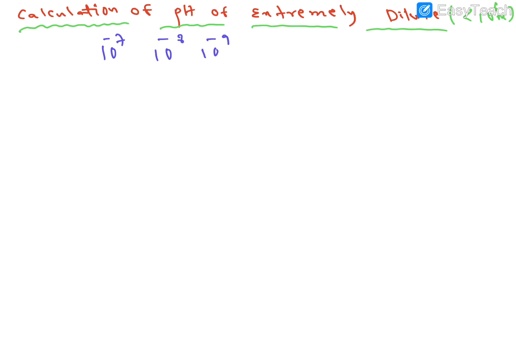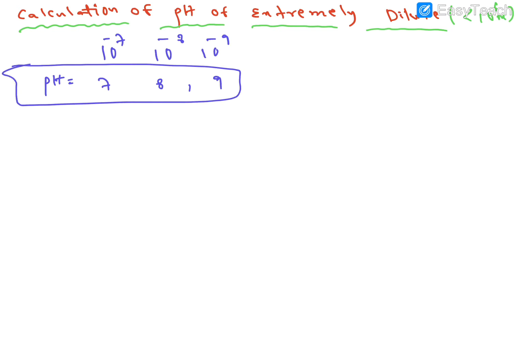We can calculate a pH value, and we get 7, 8 and 9. But acidic pH exists only from 1 to 6, yet here we get neutral and basic values.